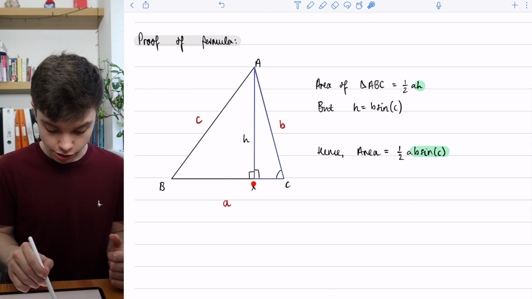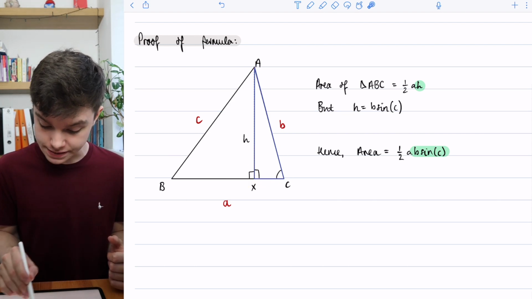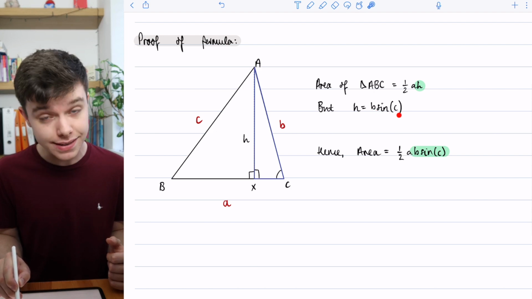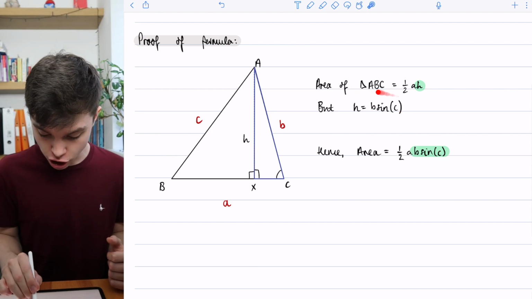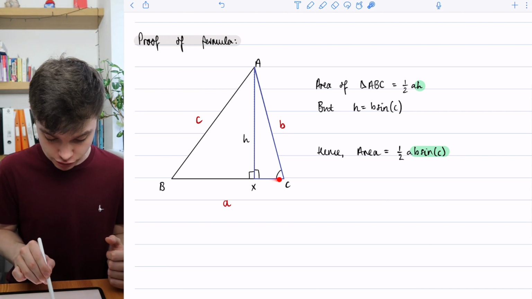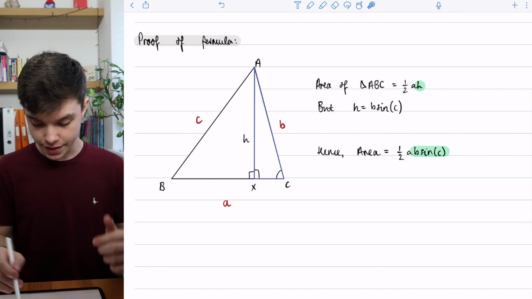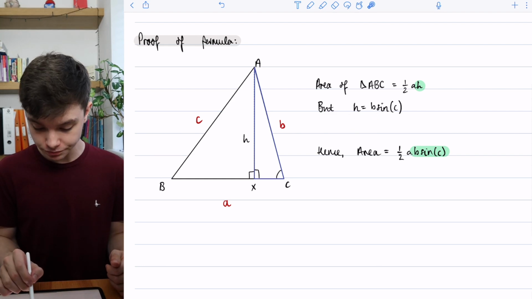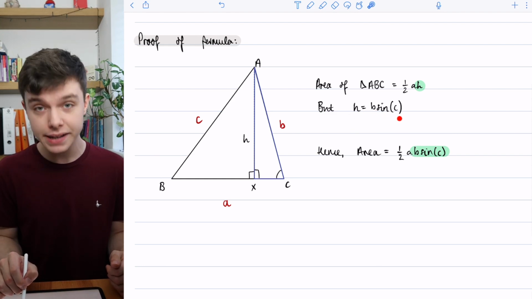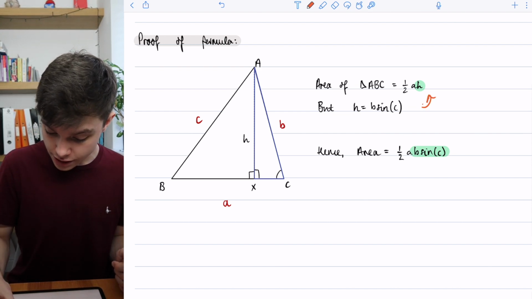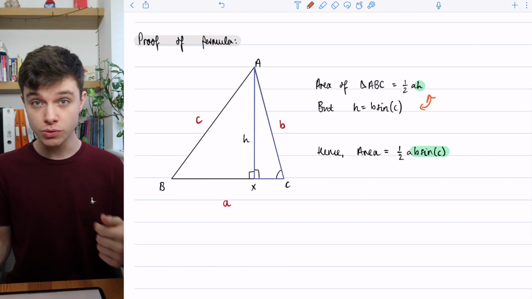You can do basic trigonometry on this triangle here to say H must be B times sine of the angle C. Okay, and if you're unsure where that's come from, just do basic trigonometry to work out this side here. You'll use the sine ratio and then just multiply both sides by B to get H is equal to B sine C. And then all we can really do is just substitute that equation for H into the area.